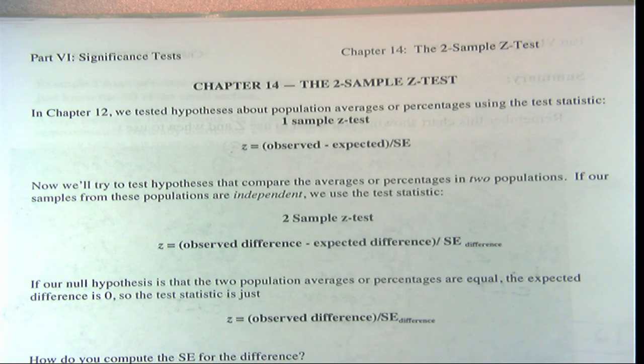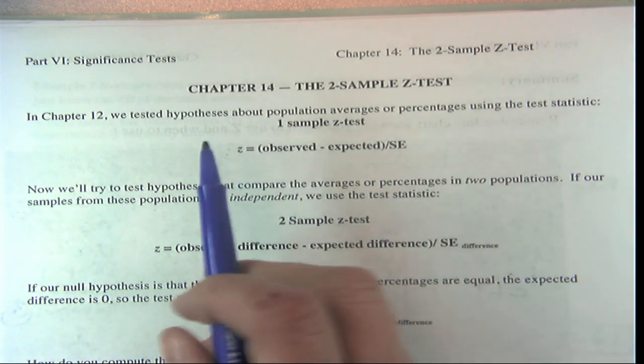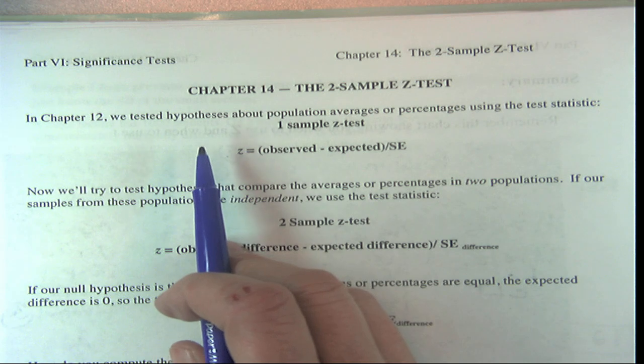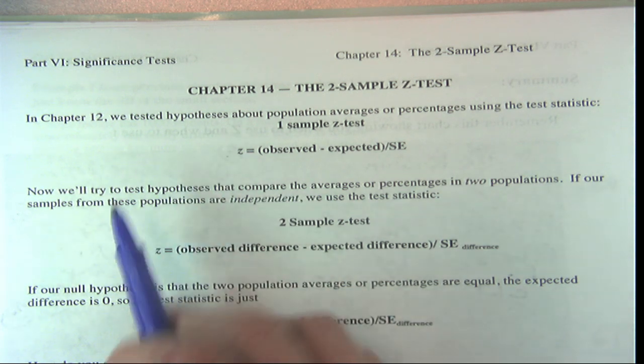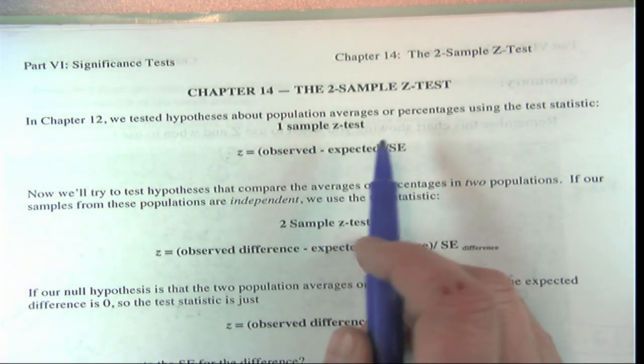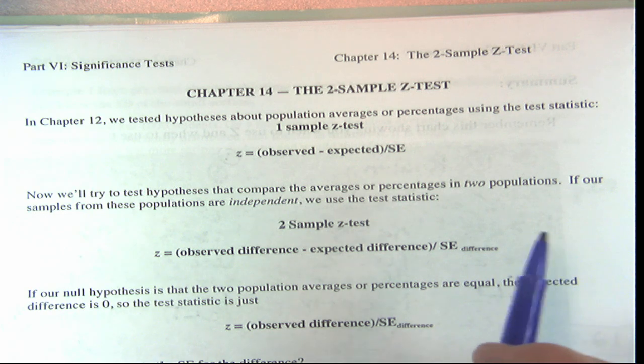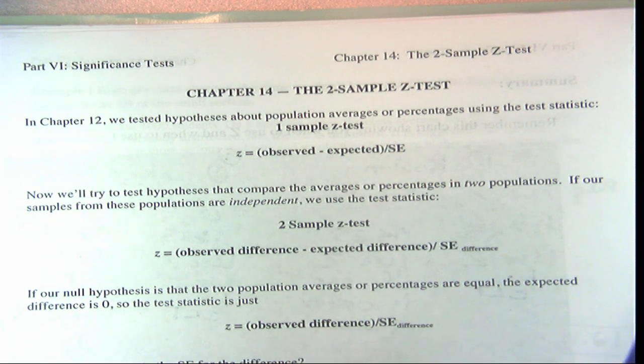Okay, so what we've been doing so far are these significance tests. In the last one, in 12 and 13, we looked at one-sample tests, so the one-sample z-test or one-sample t-test. But often we're trying to compare two samples, like a treatment group to a control group, males to females, to see if there's any difference between the two of them.